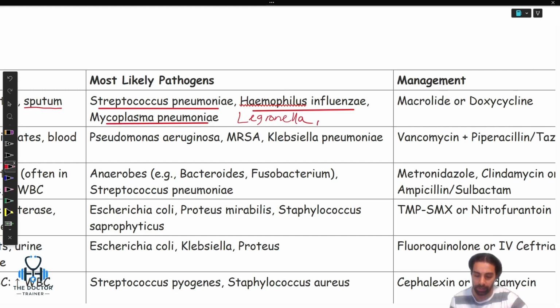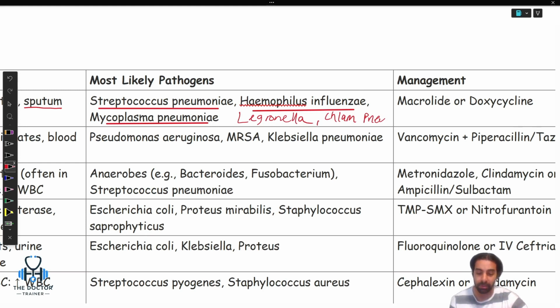Mycoplasma, Legionella, and Chlamydia pneumoniae will be your atypical. That's important to differentiate because of how you're going to treat it. If somebody's hospitalized, you treat it differently than if somebody's going to be treated in the outpatient setting.